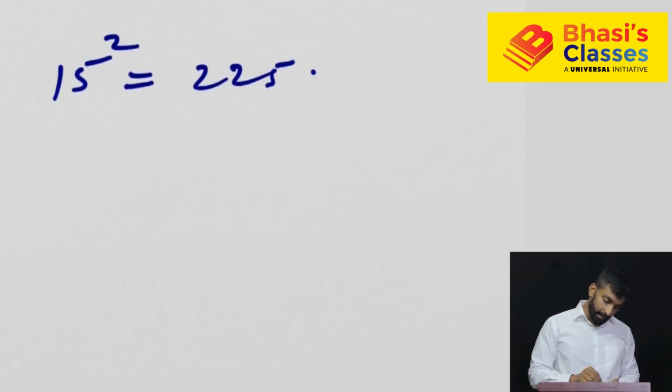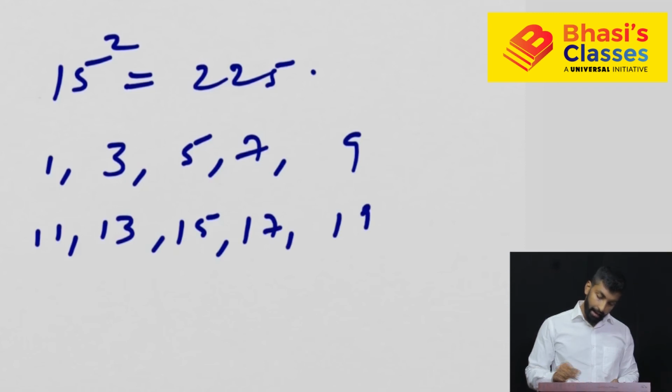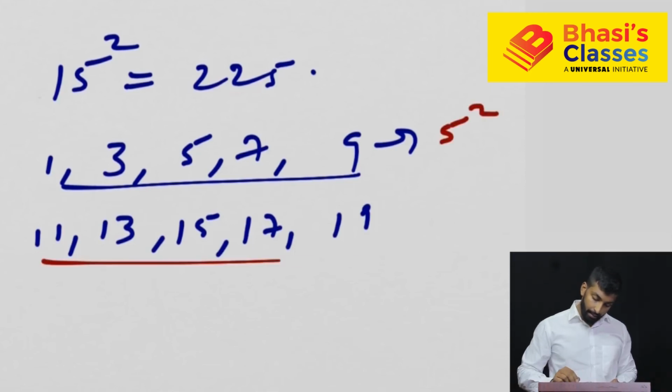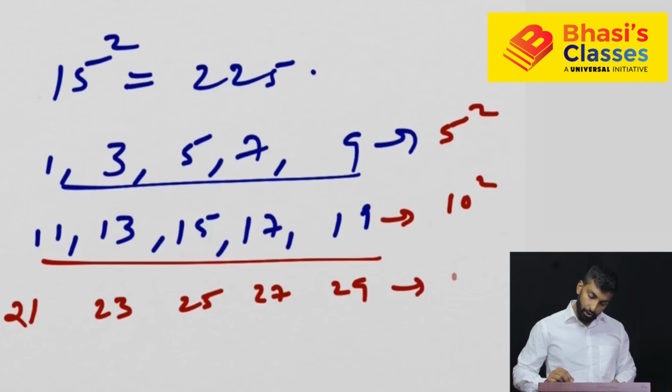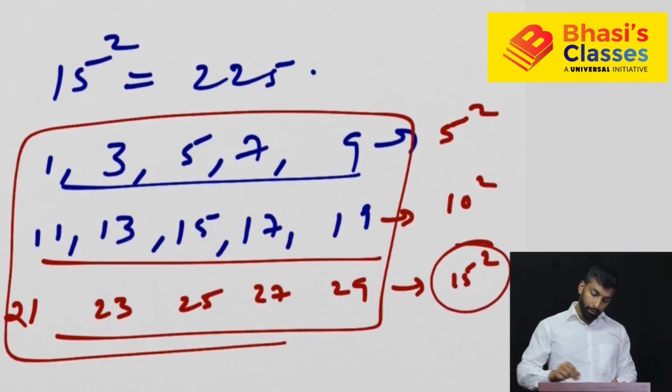I can directly see 1, 3, 5, 7, 9, then 11, 13, 15, 17, 19, 10 numbers. If you take the sum of the first five, you will get 5 square. If you get the sum up to this, you get 10 square. Now 21, 23, 25, 27, 29: if you take the sum of all this, you get 15 square, which is 225.